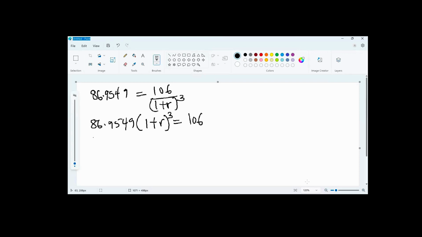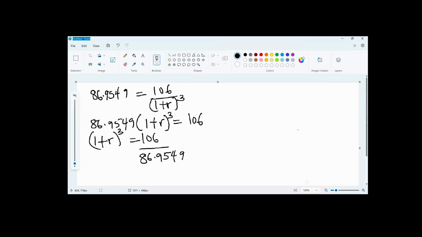I will make 1 plus R the subject. 1 plus R raised to power 3 is equal to 106 divided by 86.9549. Please divide. 1.2190.